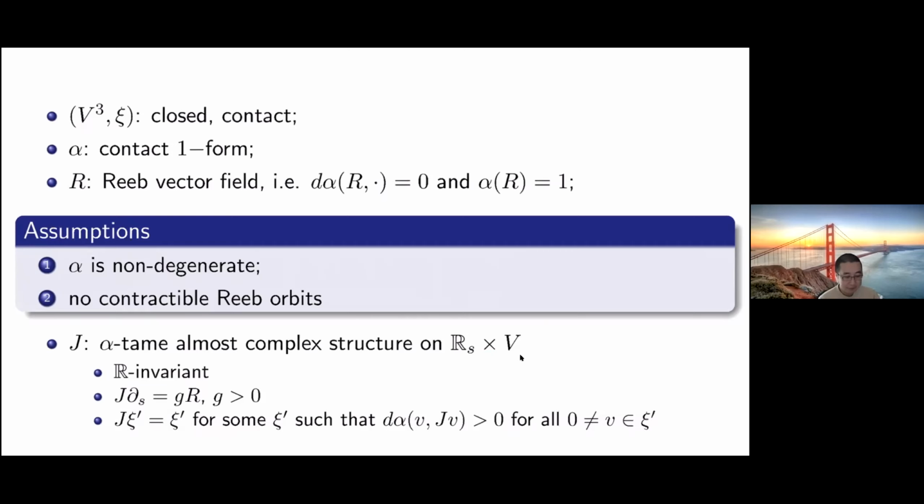We require that J is R-invariant, J maps ds to a positive function on V times the Reeb vector field, and J preserves some two-plane distribution xi prime such that d alpha(v, Jv) is positive if v lies in xi prime and is non-zero.